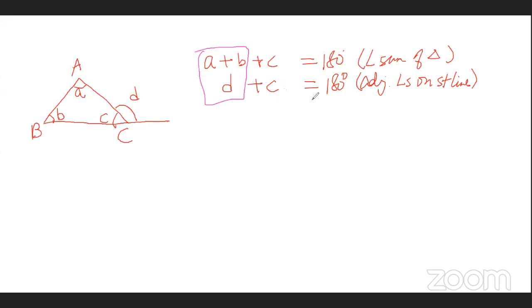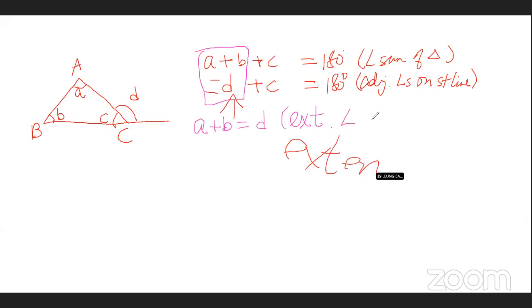D plus C is also 180 degrees. Therefore, we know that A plus B equals D. Because D is outside, outside is exterior, inside is interior. Therefore, it is an exterior angle, and it sticks to the triangle, therefore, exterior angle of triangle. Therefore, in the last problem, you can make use of this one to find the angle, if you know how to use it.